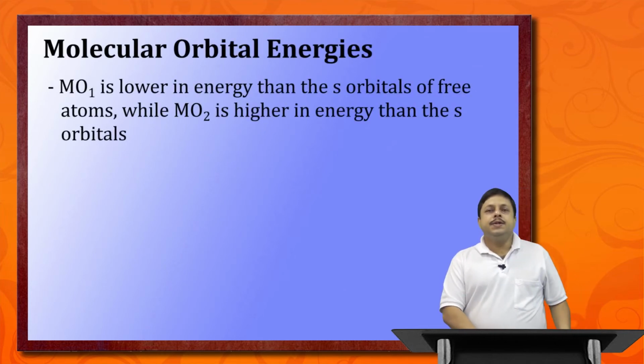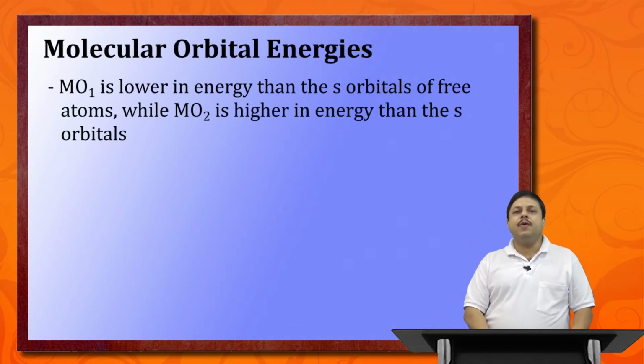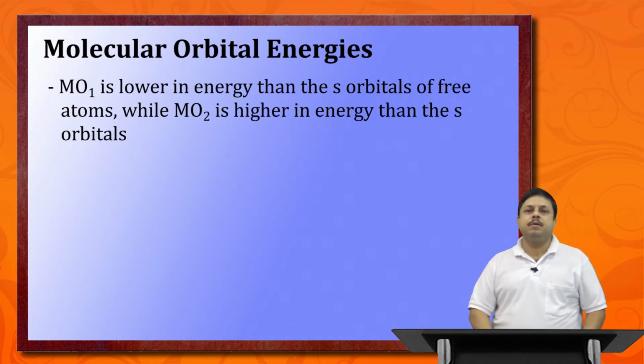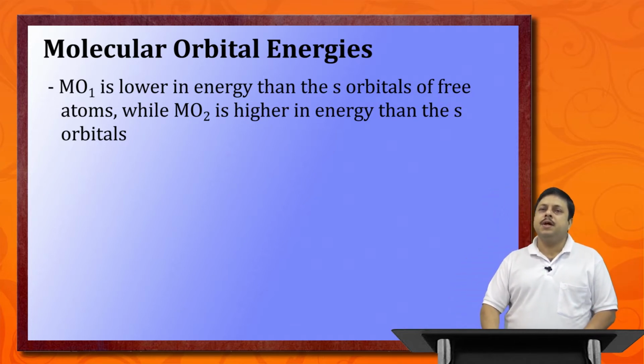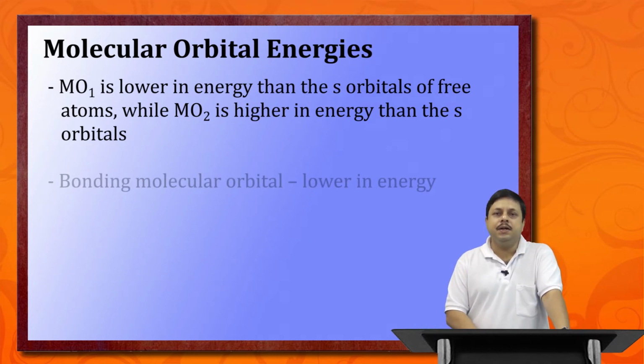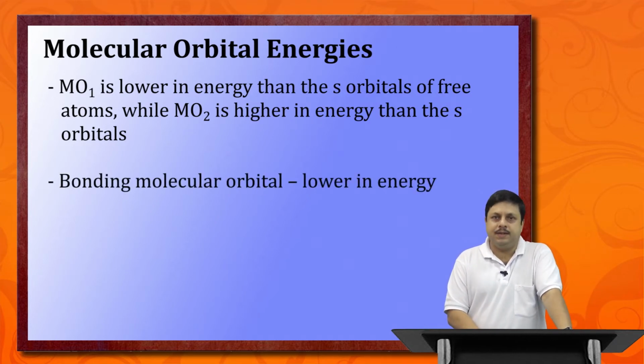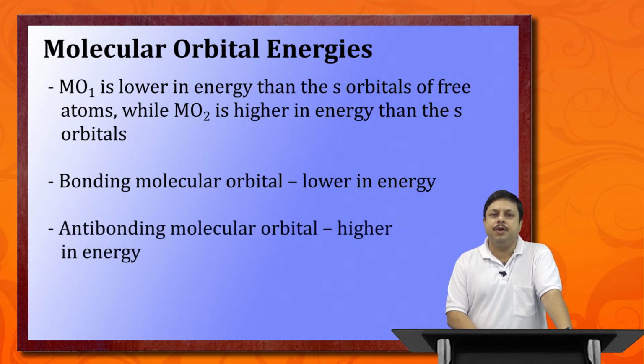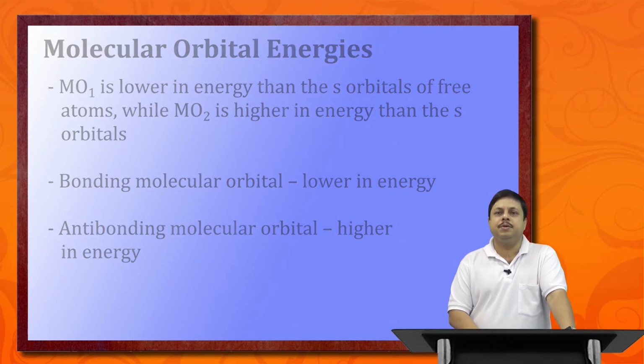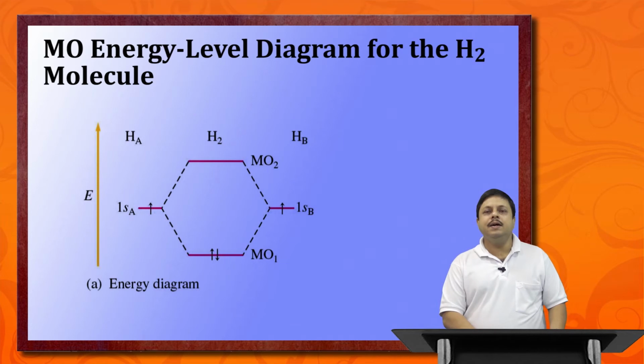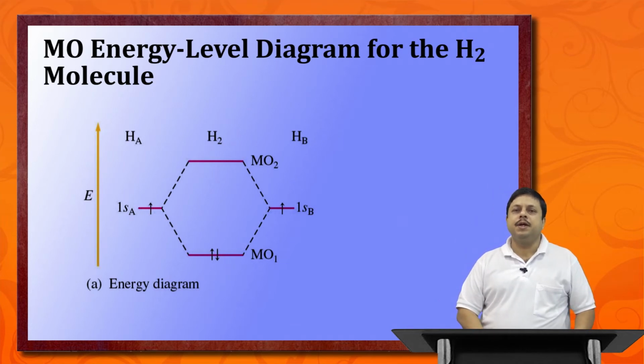As I have just said, MO1 is lower in energy than the 1s orbitals of the free atoms, and MO2 is higher in energy. The bonding molecular orbital is the lower energy orbital. The antibonding molecular orbital is the higher energy orbital. So this is a clearer view of the corresponding MO diagram.